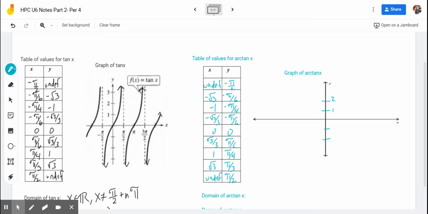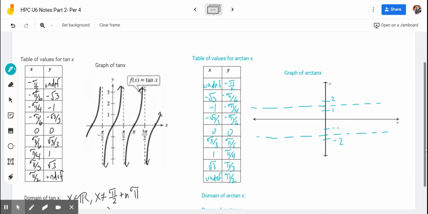Pi over 2 is a little bit more than 1.5, so it's about here, and negative pi over 2 is about 1.5 again, somewhere around there. Those are our horizontal asymptotes.